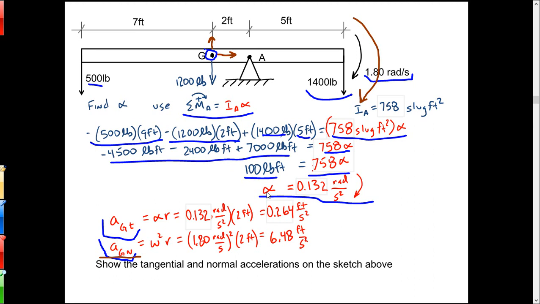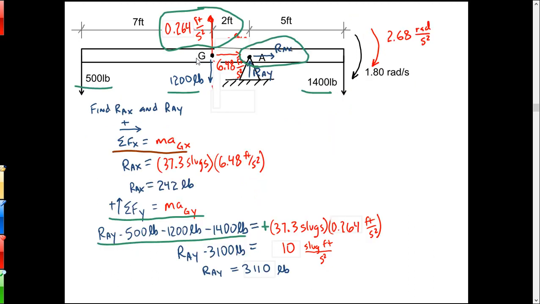Okay, so we do a sum of moments equation, we find alpha, we got omega, so now we can see the tangential and normal acceleration of the center of gravity as it rotates about A. That's what we're doing there. So we apply everything to the center of gravity. That's the approach. So we figure those out, we put them on the diagram, going in the proper direction.